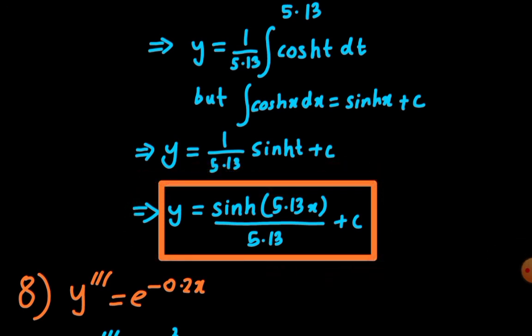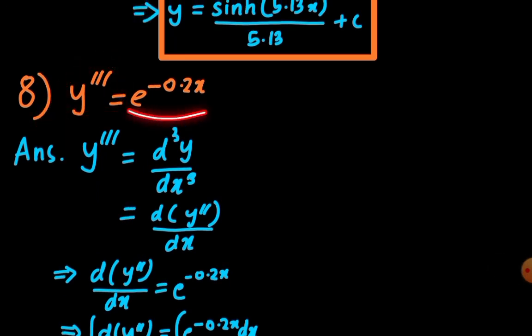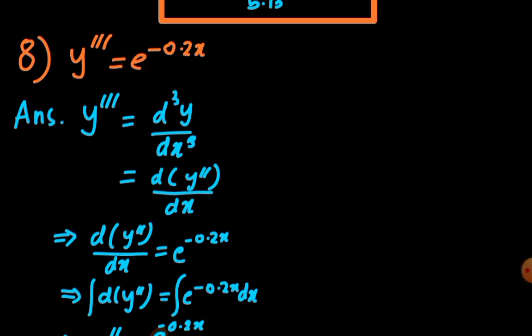Now coming to the very last question, we get y triple prime equals e to the power minus 0.2x. Now y triple prime is just equal to d cube y by dx cube, right? So you can write it, as you all know, as d by dx of y double dash, because differentiating y double dash gives us this triple dash, right?